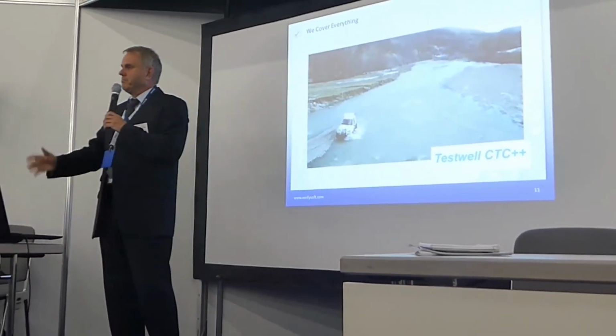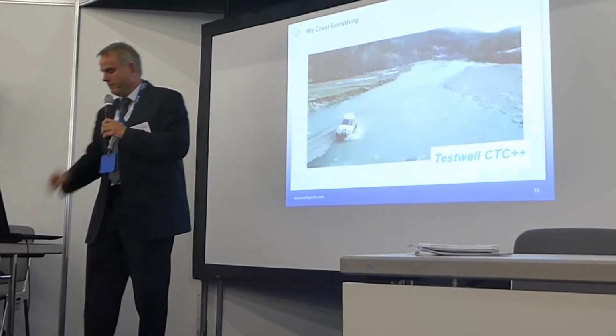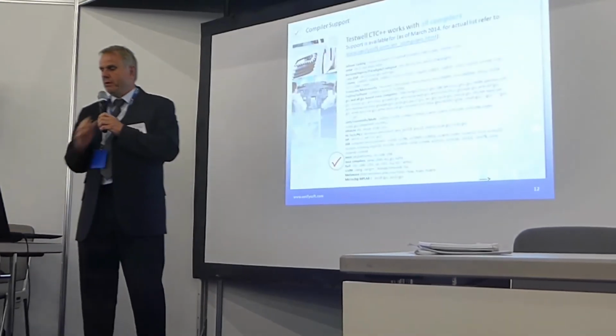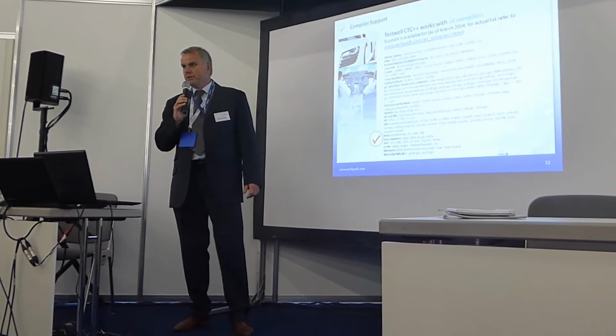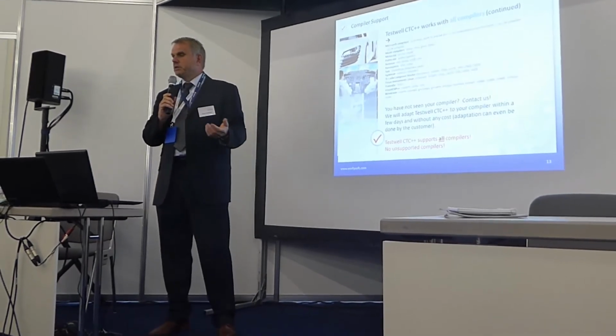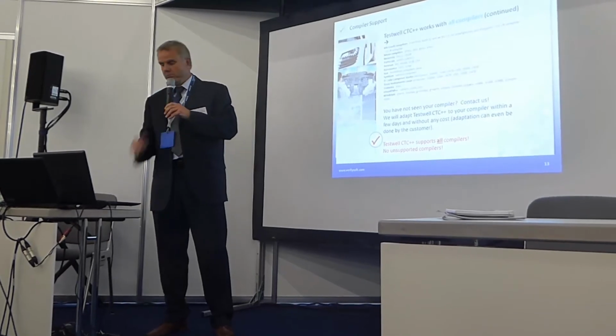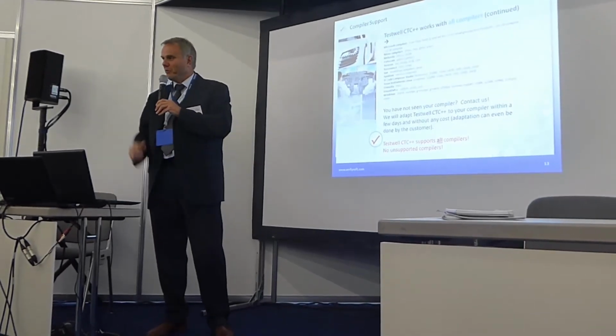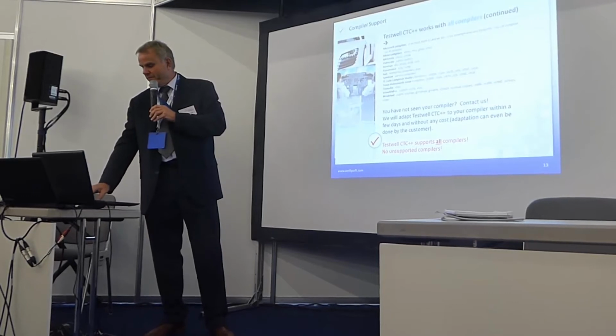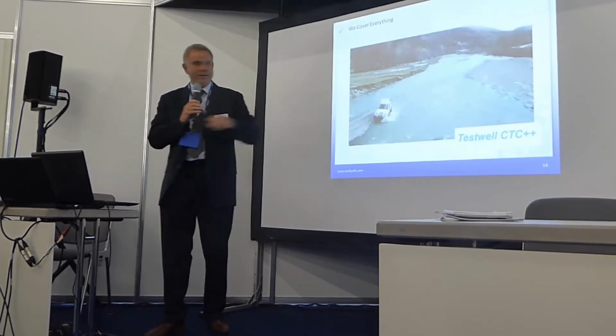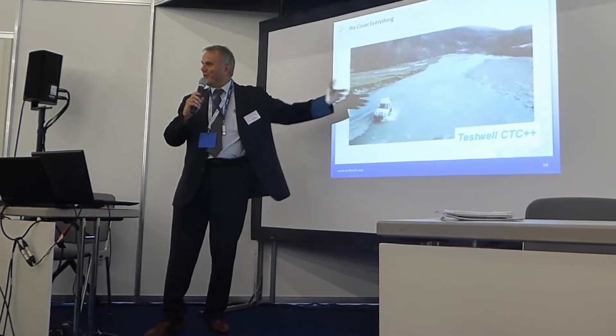It works with nearly everything. For example, it works with all compilers, and with one license you have support of all compilers. This is important. Question of money. One license for two bikes. So remember this picture, I like it. It's an off-road vehicle.